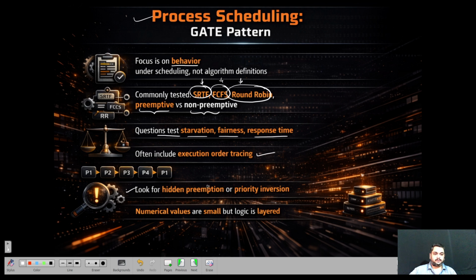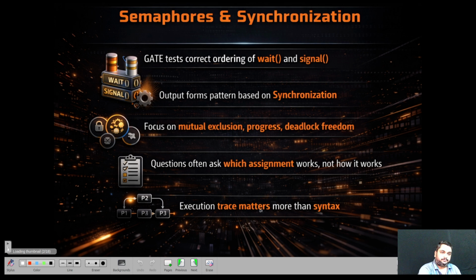Be careful whether it's preemptive or whether any priority inversion is involved. They may not ask the direct definition of priority inversion. They will frame a question such that inside it there is an underlying assumption of priority inversion. That is what you have to be able to identify. So that is about process scheduling.